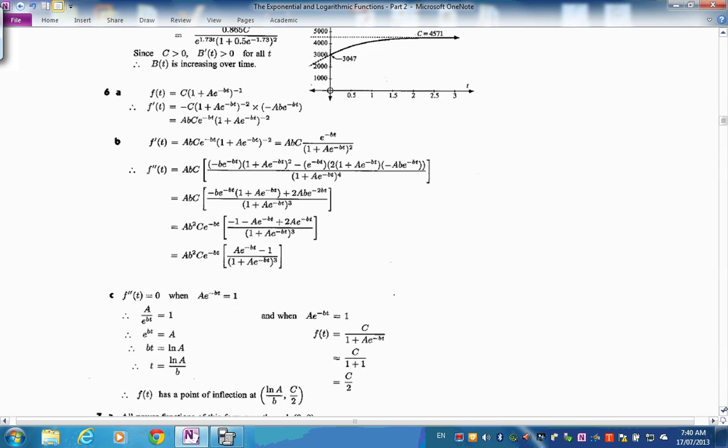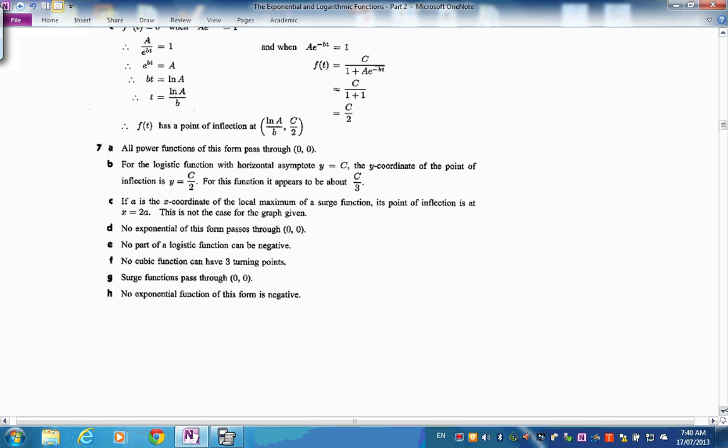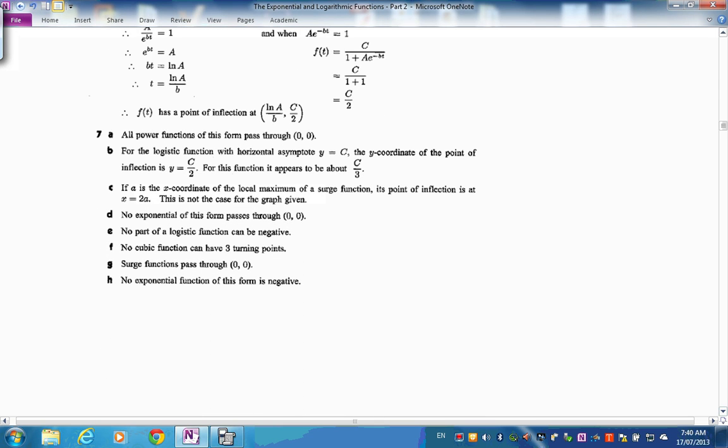Okay, question 6. That's the biggie. Fairly difficult differentiations there. And question 7. All right. You toggle backwards and forwards and mark your work. Let's move on now.